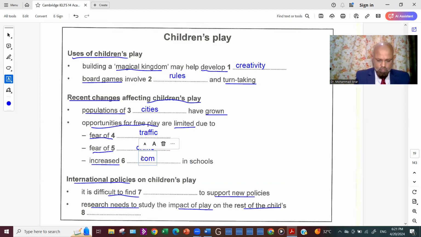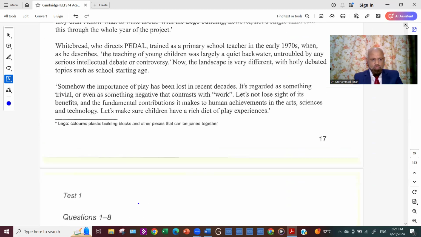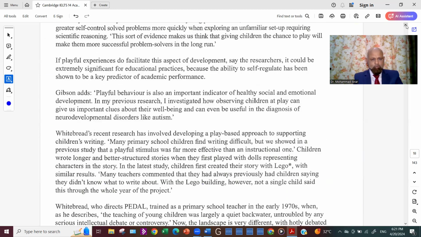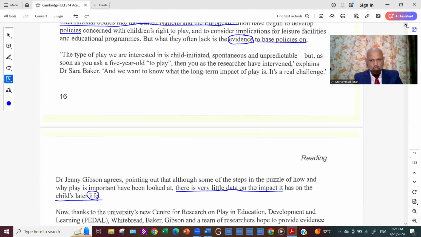Competition. Now let's go back to the paragraphs again to find two more words. So evidence and life.